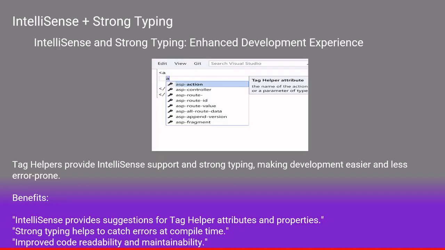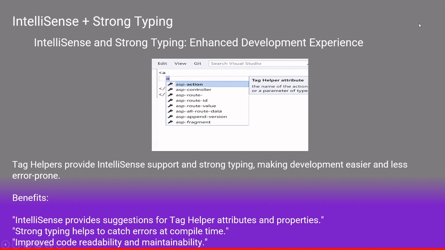One of the key benefits of tag helpers is that they provide IntelliSense support and strong typing. This enhances the development experience, making it easier and less error prone. IntelliSense provides suggestions for tag helper attributes and properties as you type, helping you to write code more quickly and accurately.